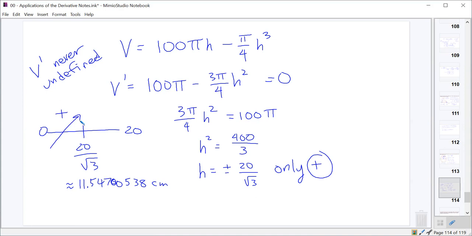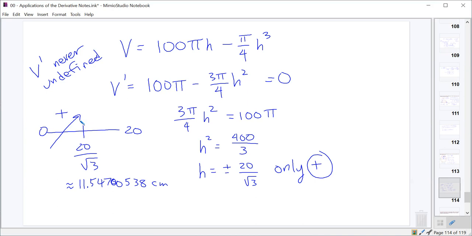And if we put in something more than 11, like say 19, 19 squared is 361. Right, so we get 361 times 3/4. That's going to be clearly way over 100.